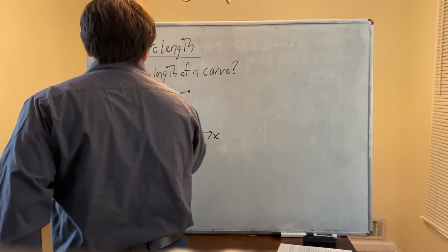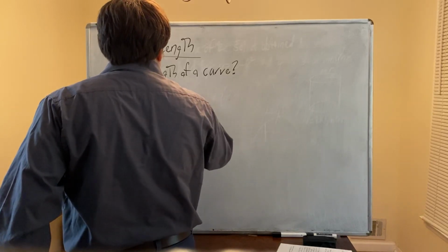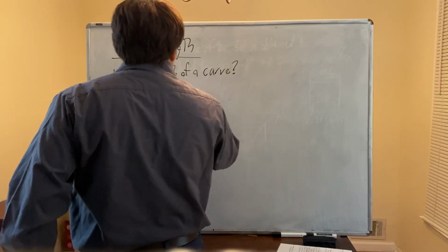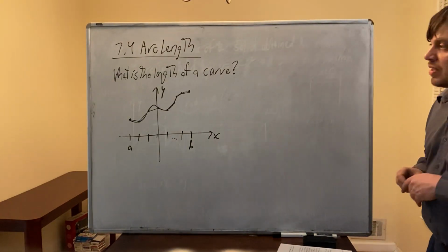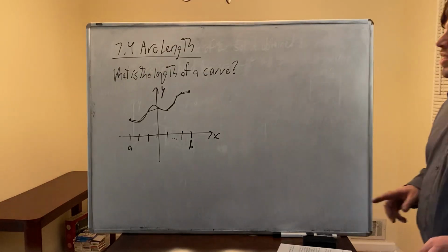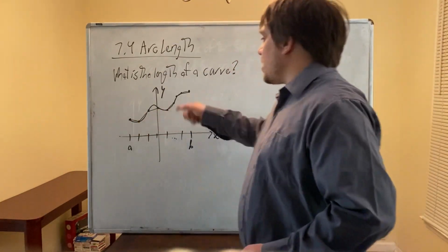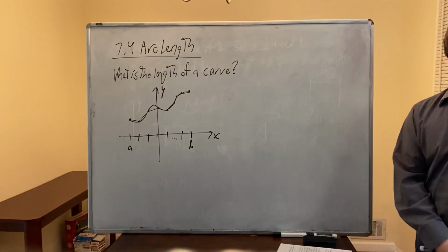And so now we're going to get a bunch of line segments where each line segment connects one point on the curve to another next point on the curve. Okay? And so what I can say is that if I add up the lengths of these n line segments, that would be an approximation to the length of the curve.